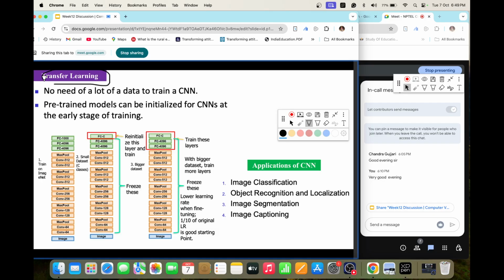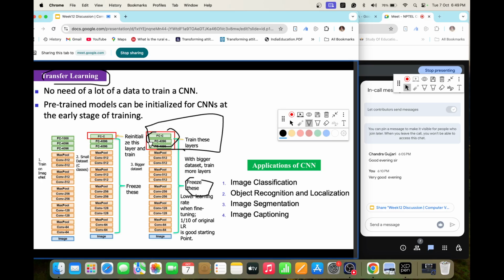By doing this, I am not training all the layers of the model, but only a few layers. The layers at the bottom are already trained, so we freeze the training there and only train a few of the layers. So that is known as transfer learning.